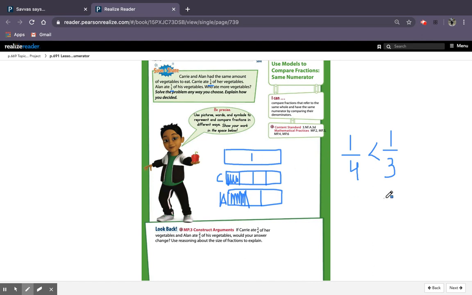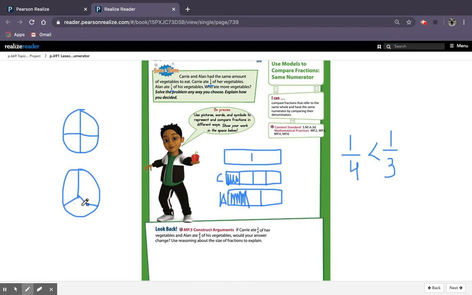And another way you can look at this, if you wanted to pretend that maybe they were eating it on a plate, drawing 2 circle-ish shapes. Sorry, these aren't my best. And breaking one of them into fourths and one into thirds. Thirds aren't the best. They're definitely not even.